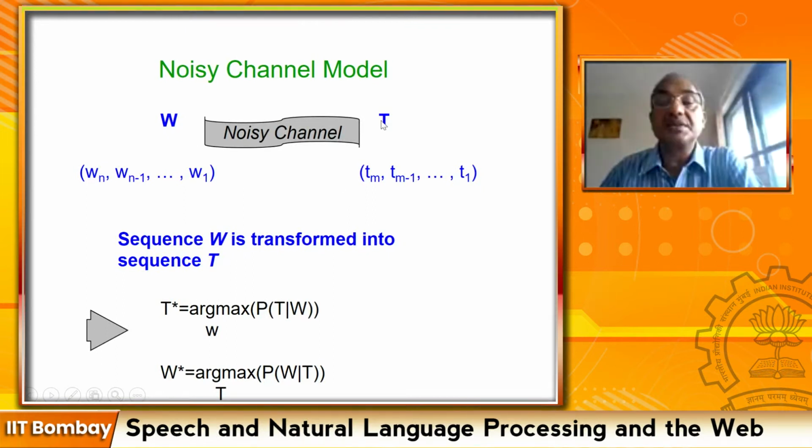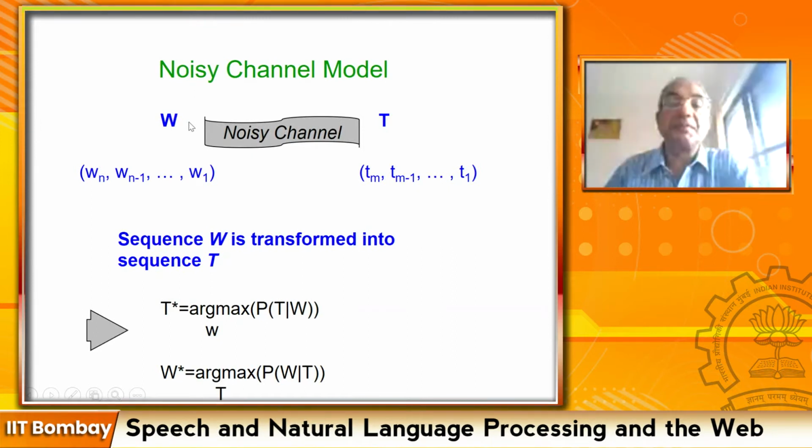W is a sequence of words, T is a sequence of tags, the problem that we are trying to solve. But in the speech recognition situation, this W was a sequence of segments of the speech signal. So I utter, this is a red tomato. This is a red tomato. Then the first task that happens in automatic speech recognition is word boundary detection.